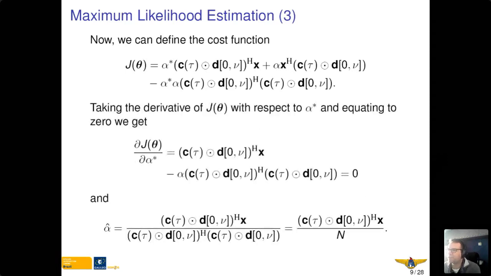What we can do first is take the derivative of this function with respect to alpha. At the global optimum of this function, the derivative with respect to alpha should be 0, right? So we can build this equation and say, okay, at the optimum point where we have the optimum estimate for all the parameters, the gradient of this function should be 0 because we should be at a global optimum.